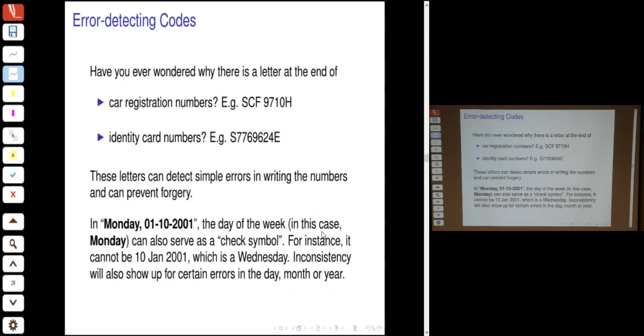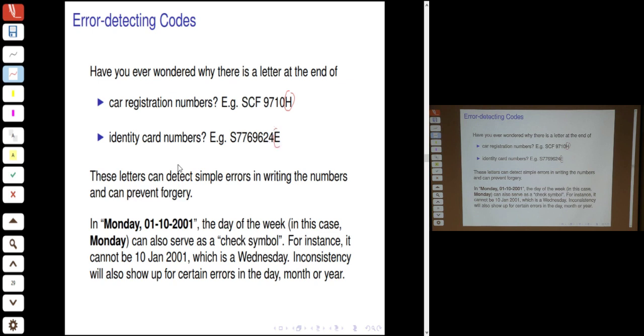So, these are called error detecting codes. The idea of these codes is to design codes where you can detect this sort of simple errors, which are few in number. So, for instance, if you look at car registration numbers or identity card numbers, you must have noticed that there is often a letter at the end of the number, right.